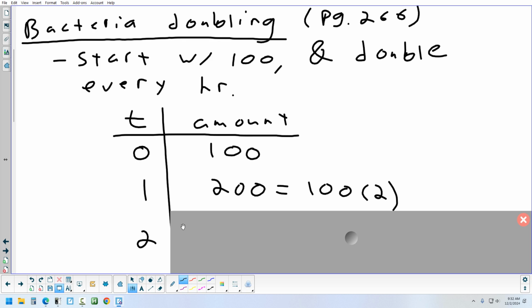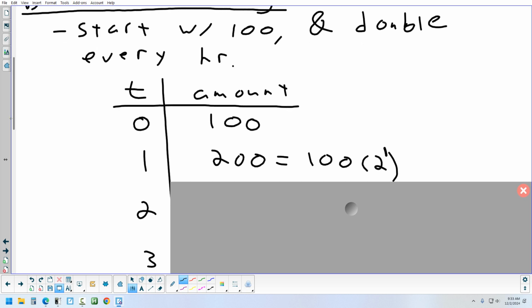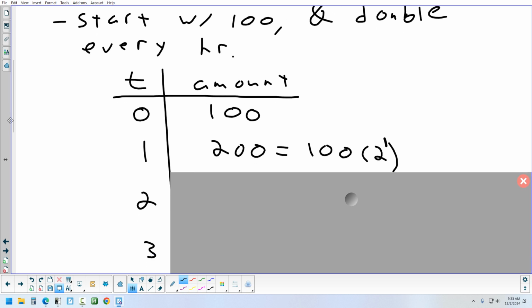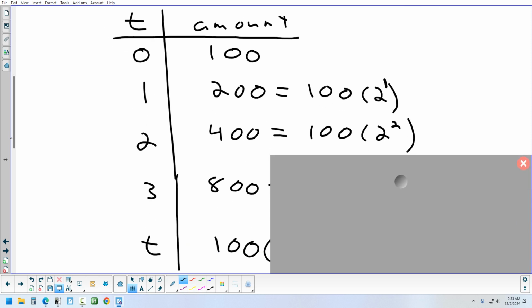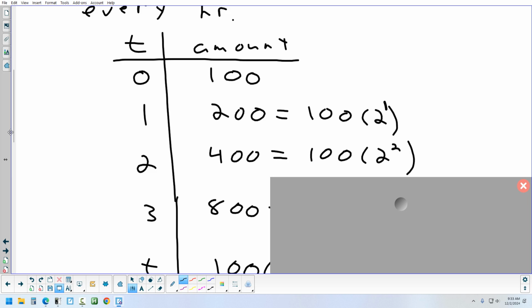Now, instead of thinking of it as 200, think of it as the initial amount times 2 to the first, because that's going to help us to see a pattern. How much bacteria do we have after 2 hours? 400, or the initial amount times 2 to the second. Now, we are going to have 800 after another hour, but how would you write 800 using that pattern I'm trying to show you? 100 times 2 to the third.